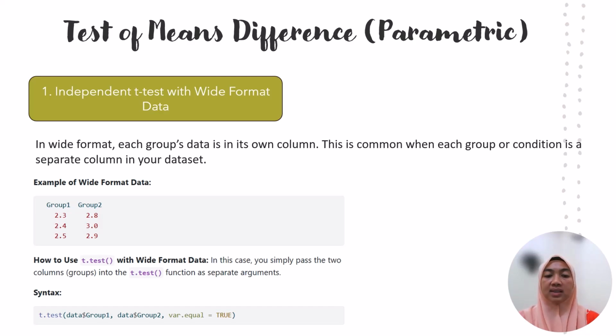We can see the syntax: t.test, with the data of group 1 and the data of group 2, and var.equal is TRUE. This is the syntax for using the t.test function with wide format data.